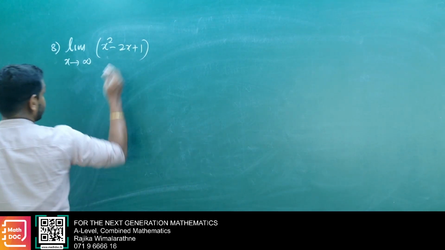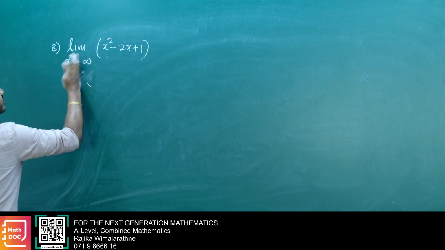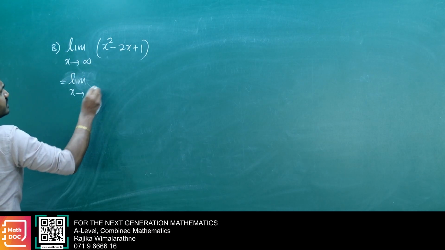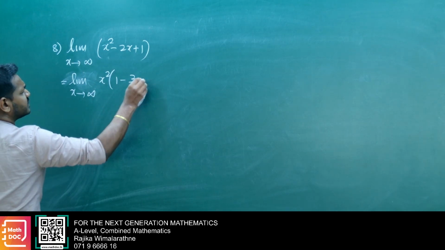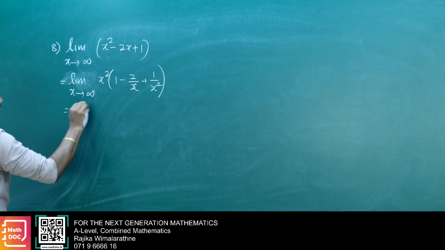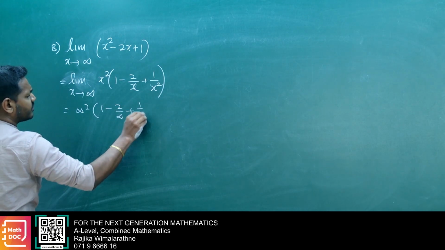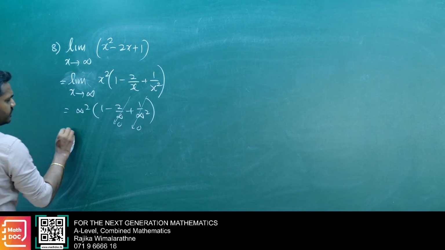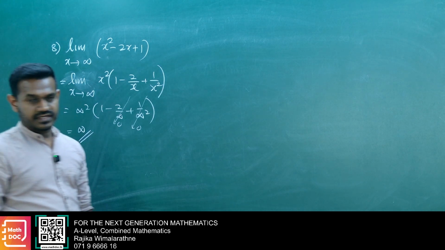Therefore, you take the maximum power term outside: x square times 1 minus 2 over x plus 1 over x square. Now substitute infinity. These go to 0, and we get the answer infinity.